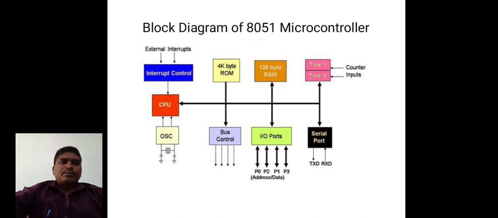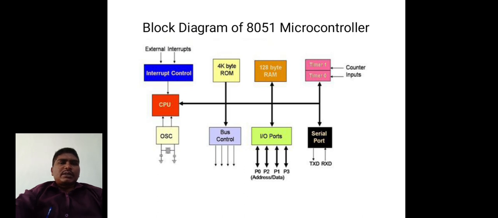For any microprocessor or microcontroller, the CPU, that is the central processing unit, is the heart. Here the CPU is connected with the oscillator. We are using a crystal oscillator, with oscillator 1 and oscillator 2.